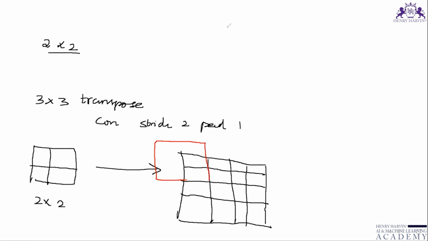This is how it will work. When you do a 3x3 transpose convolution with stride 2 and pad 1, this is what will happen. Here the output overlaps. The filter moves 2 pixels in the output for every 1 pixel in the input. So the stride gives us the ratio between the movement in output and the input.